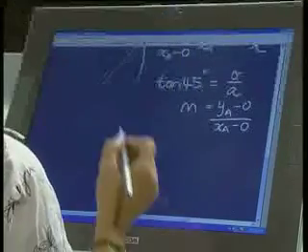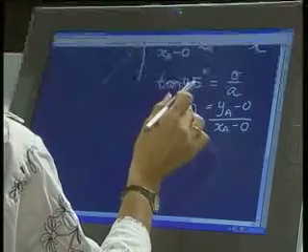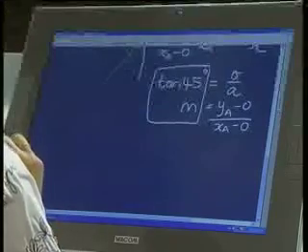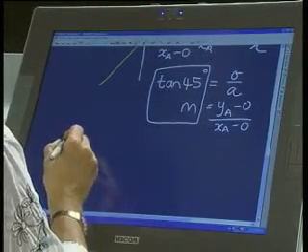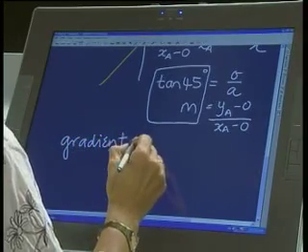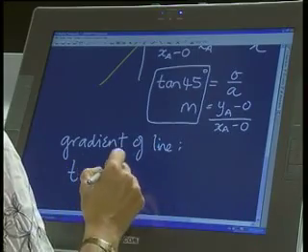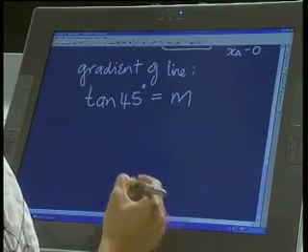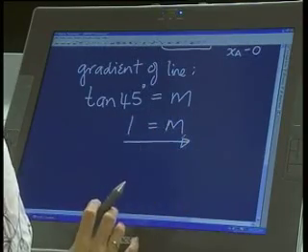So in any Cartesian plane, the tan of the angle will always equal the gradient that the line makes. Tan 45 degrees is equal to 1, so the gradient of the line will be 1.